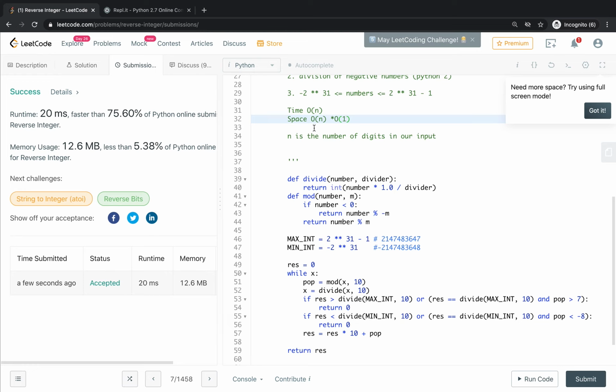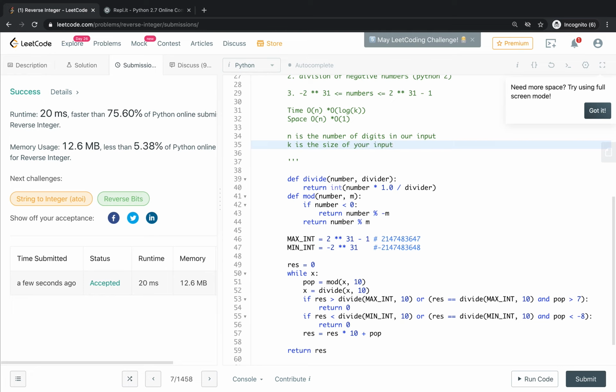One thing to note also, I think I saw in the solutions that they said this was log of k for time, and that's technically also true. What they're saying is log of k, where k is the size of your input.